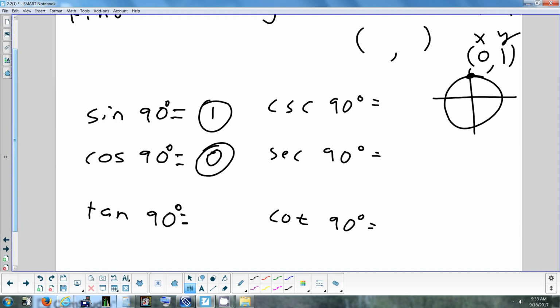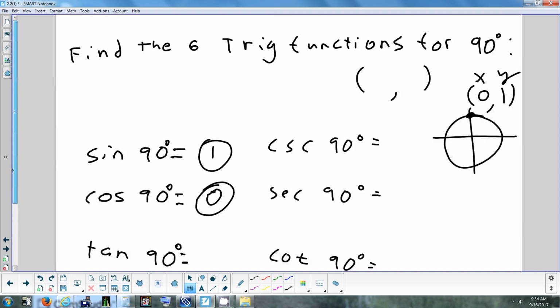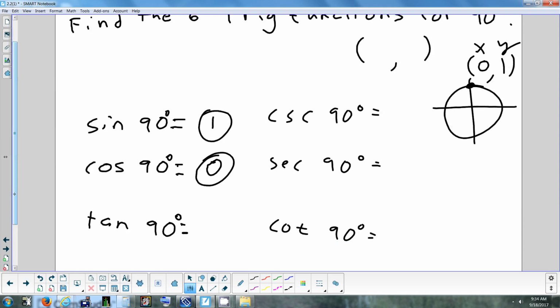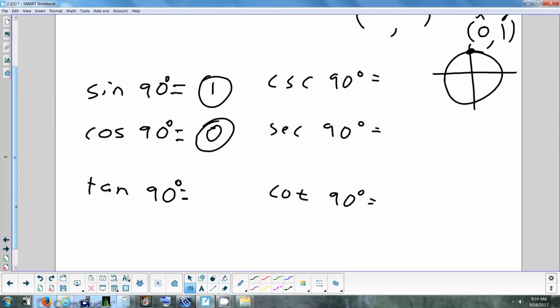Careful, what's the formula for tangent? Yes. So what would that fraction be one more time? You said y. What value is y in that coordinate? Yes, 1 over 0. Peter, what happens when we do 1 divided by 0?